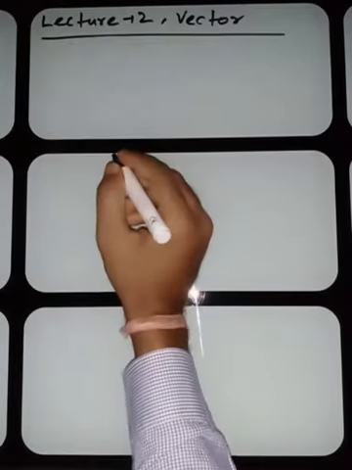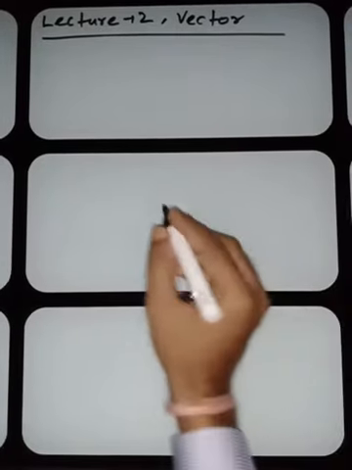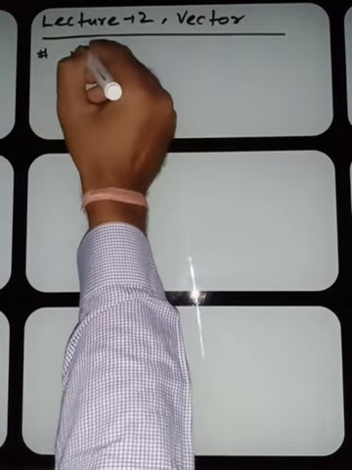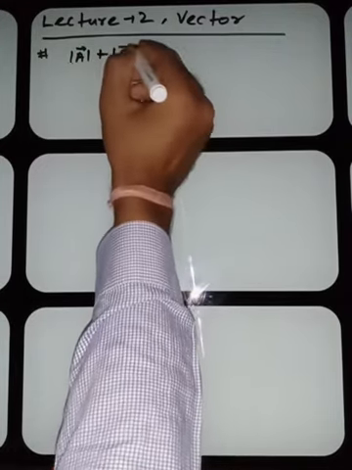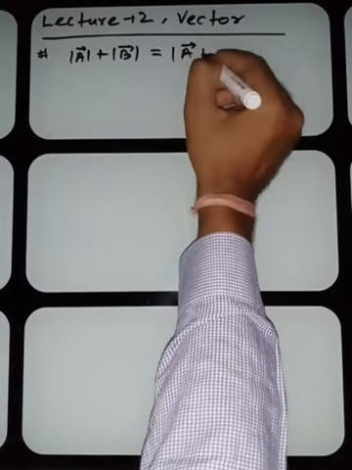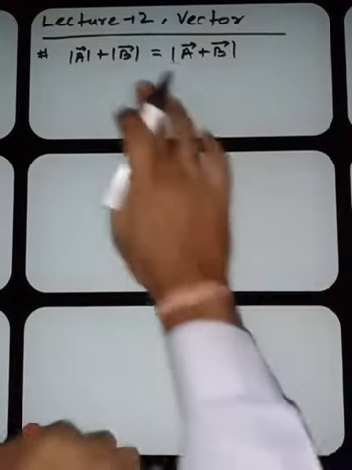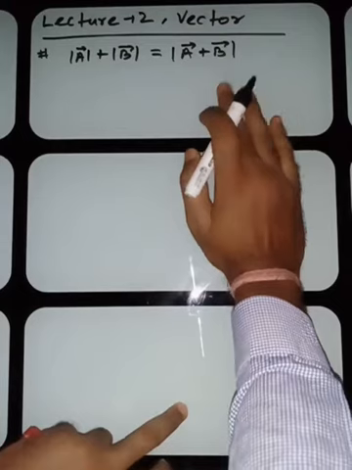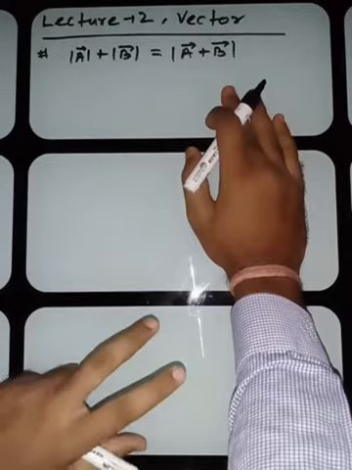If I write mod of vector A plus mod of vector B is equal to mod of vector A plus B, tell me whether this statement is correct or not. Pause the video and try to analyze.